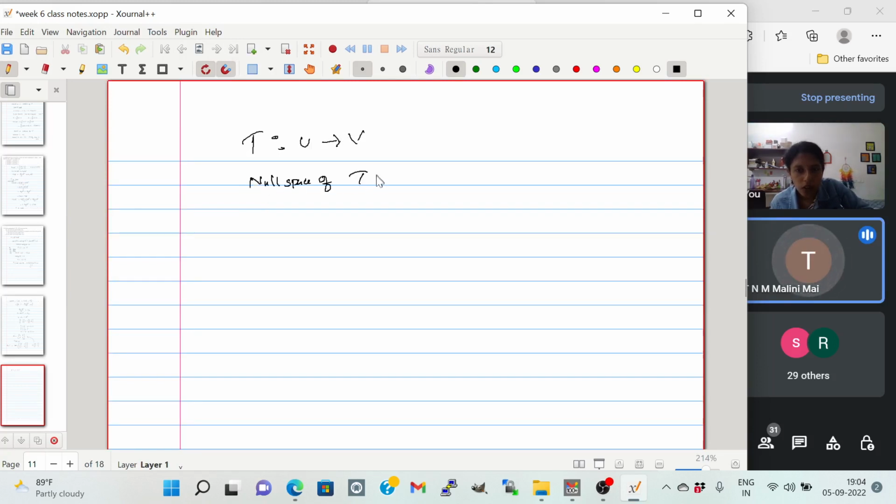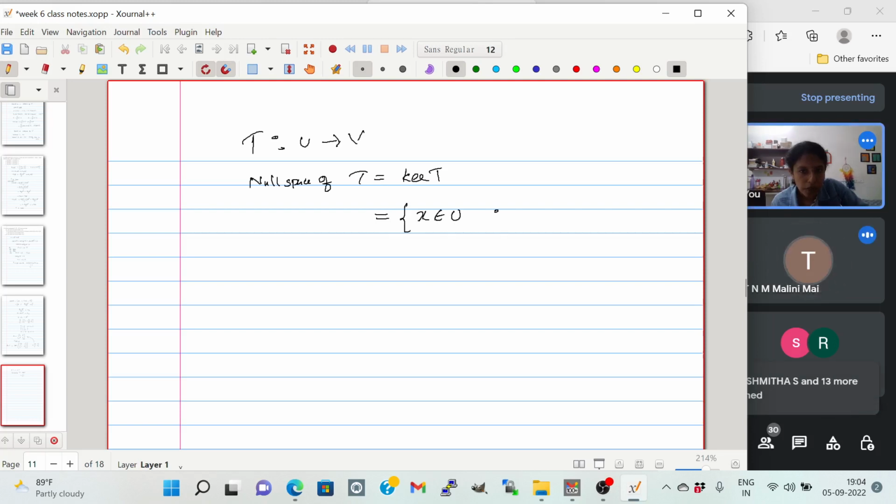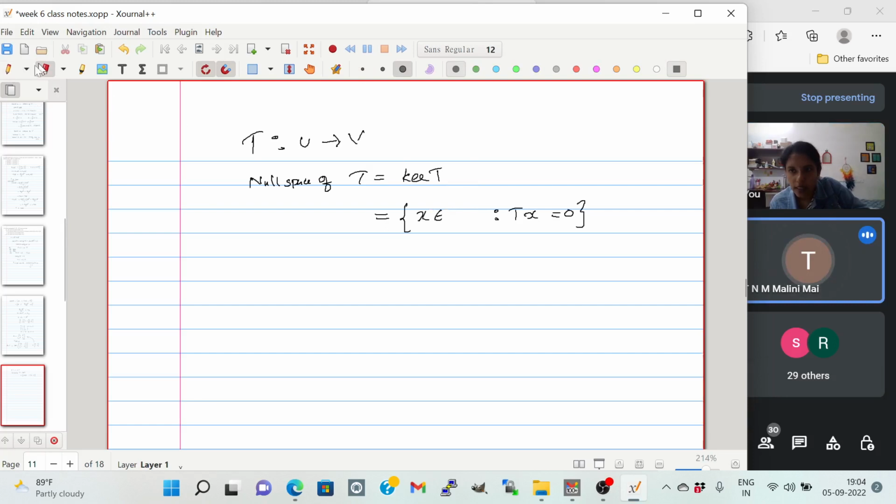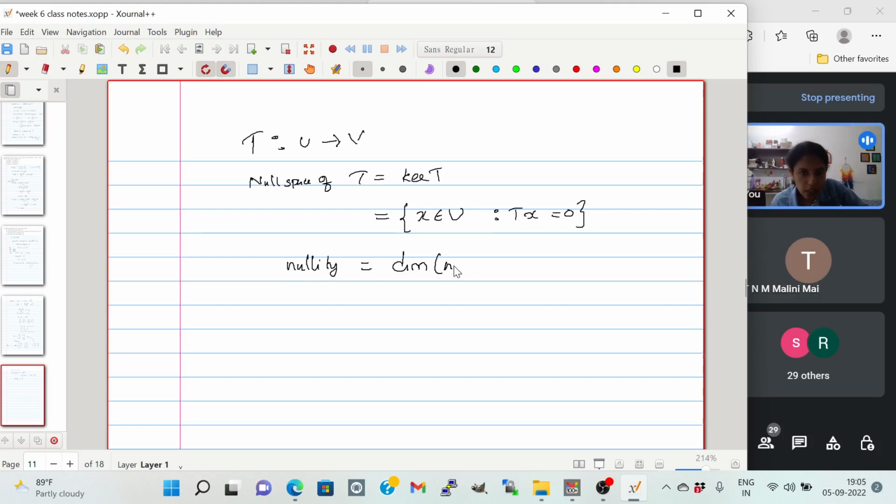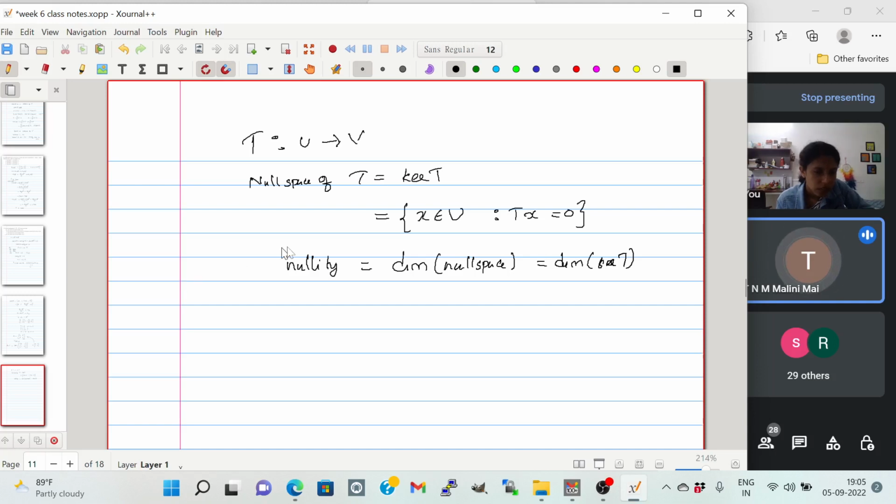Null space of T, or we will say kernel of T, both are the same. It is the set of all elements in U which go to 0 under the map T. If x goes to 0, then it is in the null space or kernel of T. Now, nullity means the dimension of the null space, or the dimension of kernel of T. Is this okay? Your doubt is fine?